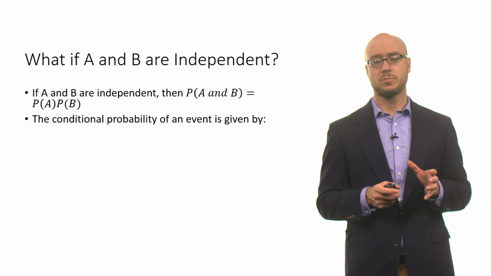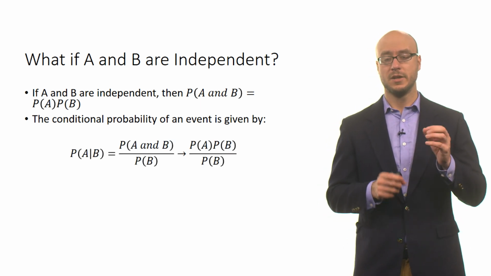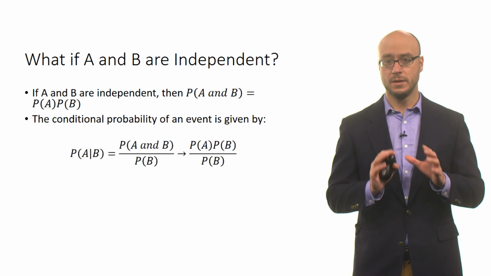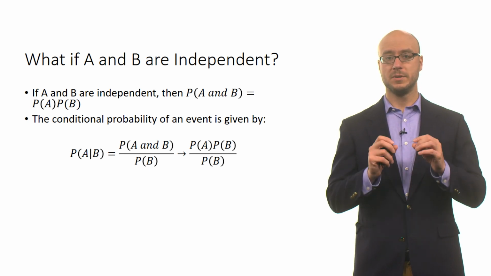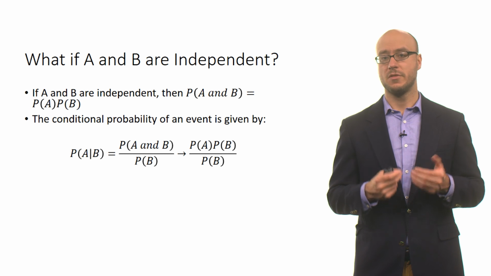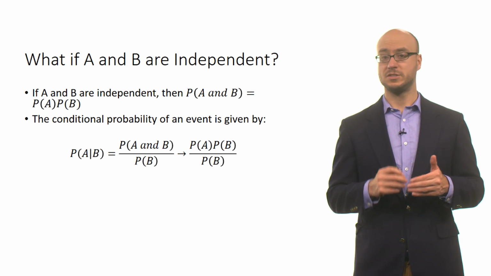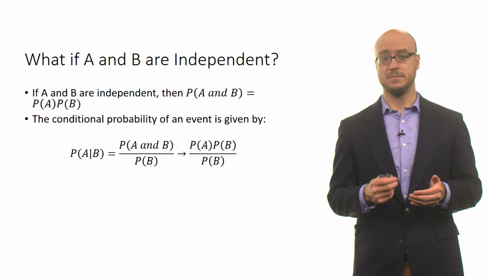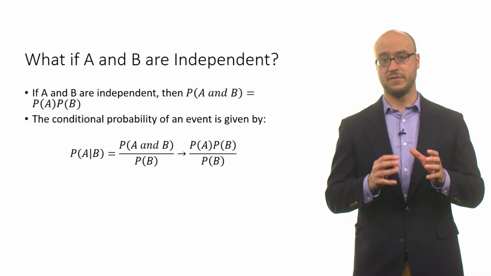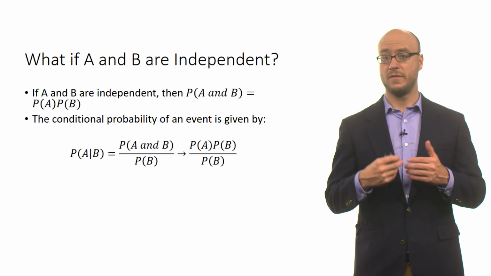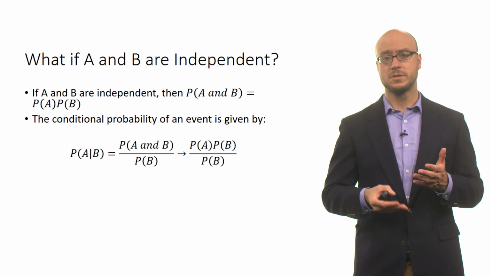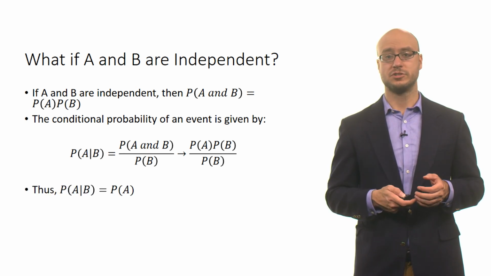So we know the conditional probability of an event is given by the probability of A given B equals the probability of A and B divided by the probability of B. But since A and B are independent events, the probability of A and B simply equals the probability of A times the probability of B. And then you can see that for that last term, in the numerator and denominator, we have the probability of B, and those two terms just drop out.